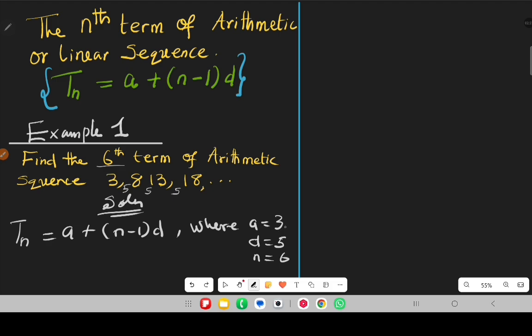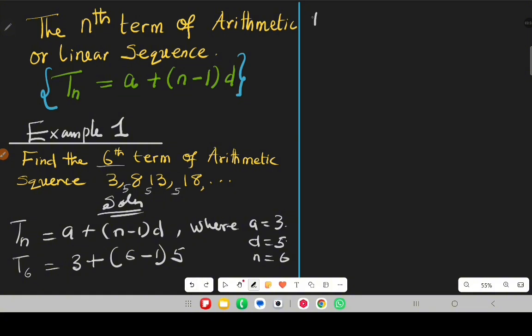Now we are going to put 3, 5, 6 into the formula in place of a, d, and n. That is T6 equals a, the first term, which is 3, plus (6 minus 1) times 5.